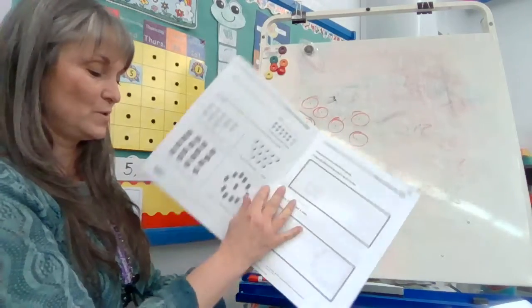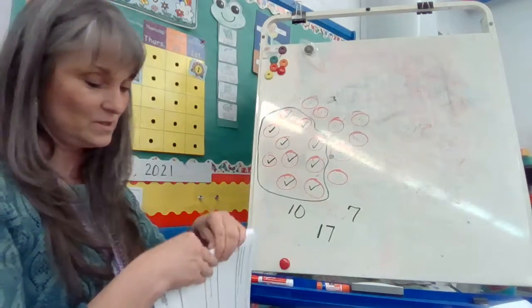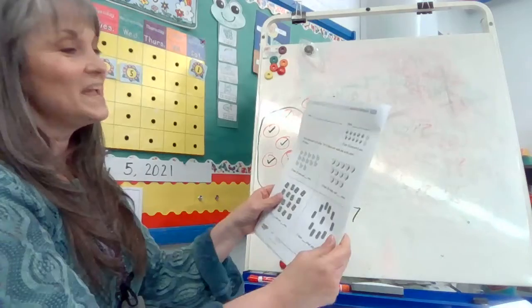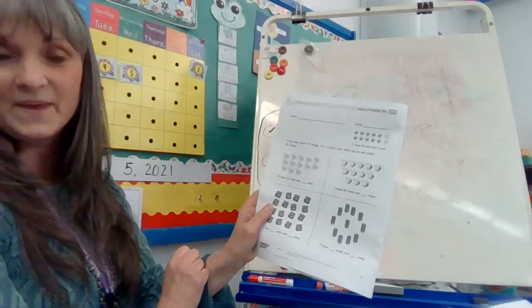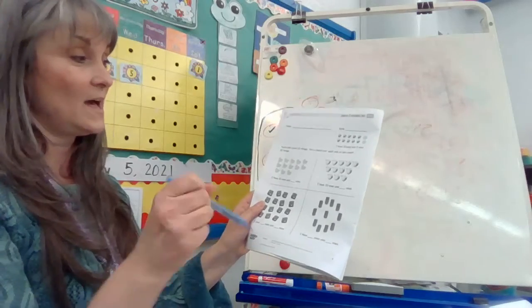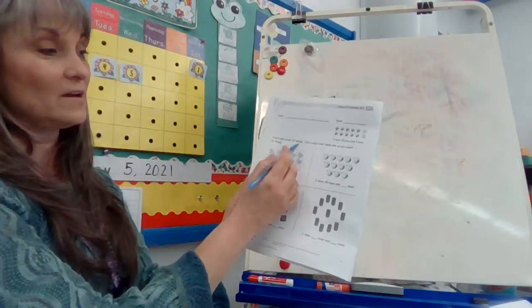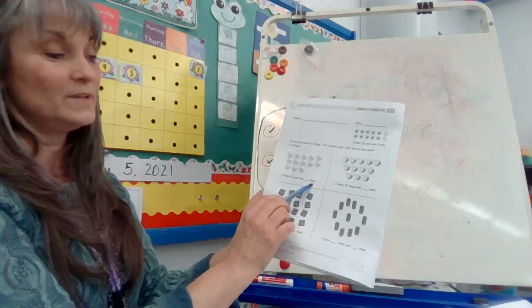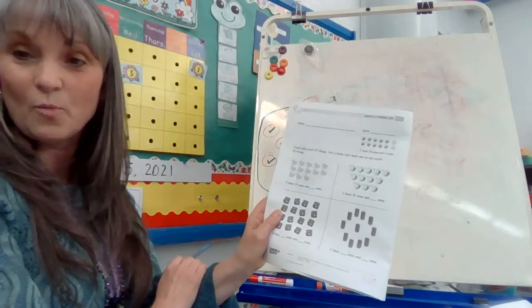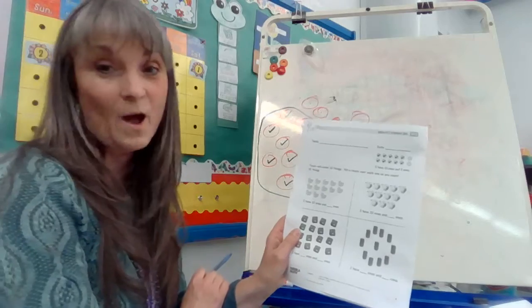You're also going to do page 3, which is the very next page. And you are going to touch and count 10 things. Now, when I touched them, remember I put a check on each one as I counted them. And then your mom and dad will help you to know how many more there are, how many ones.